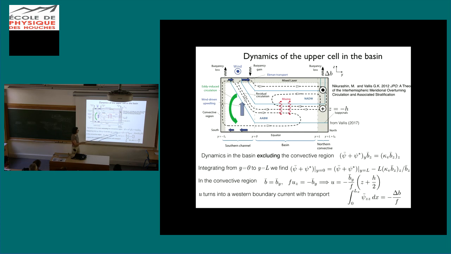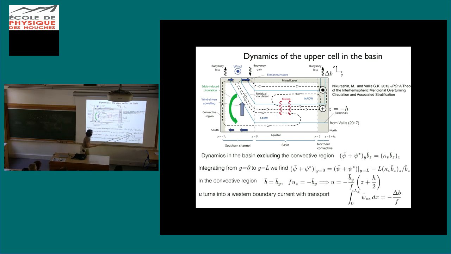So they are independent of y. They depend only on z. Okay. So in this region, we have that original equation, Jacobian of psi bar plus psi star, b bar, is equal to kappa b bar zz. And if it's adiabatic, then this is approximately 0.